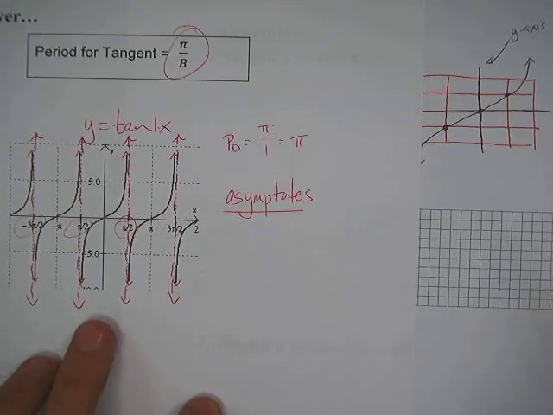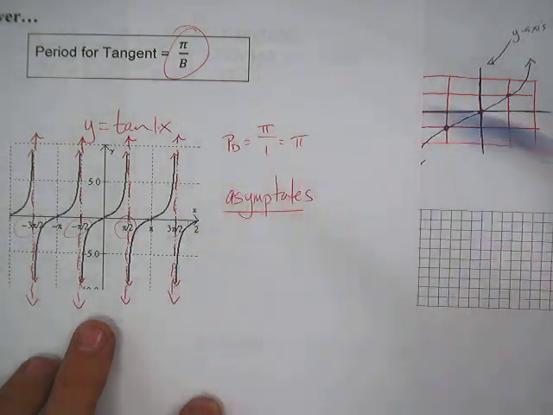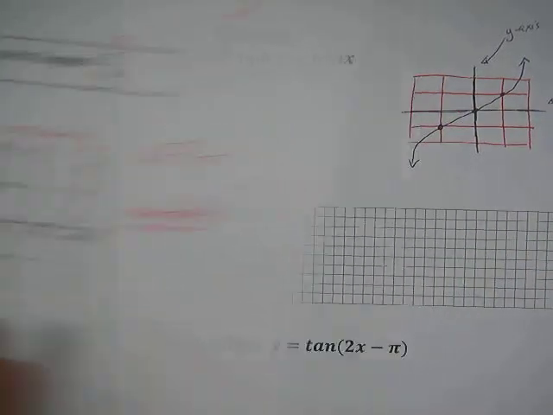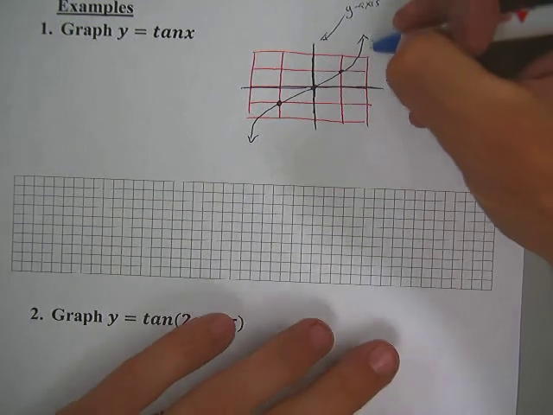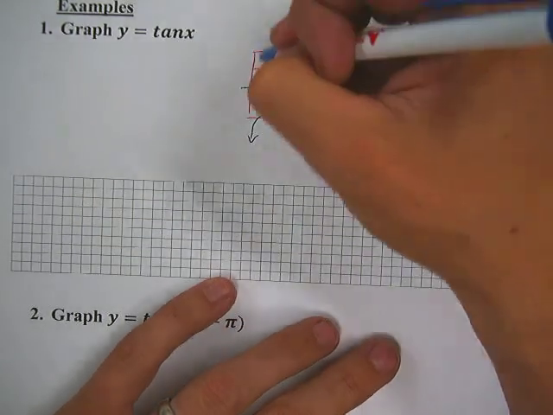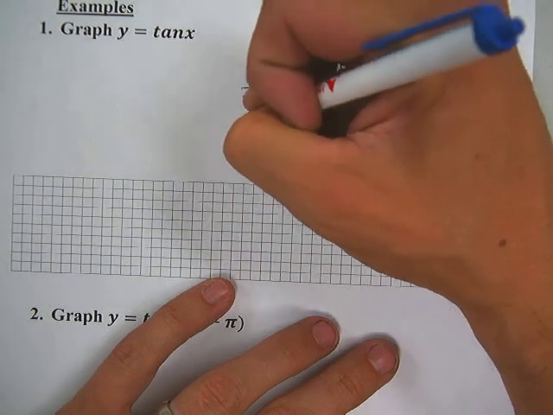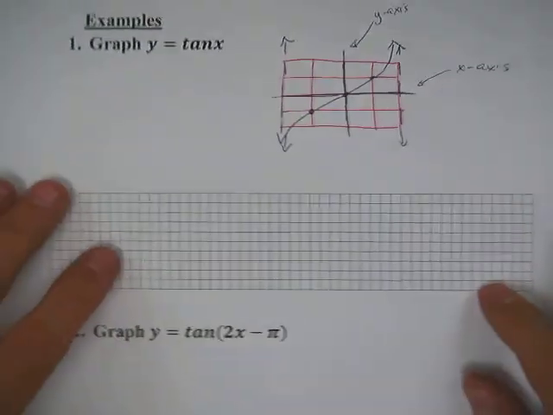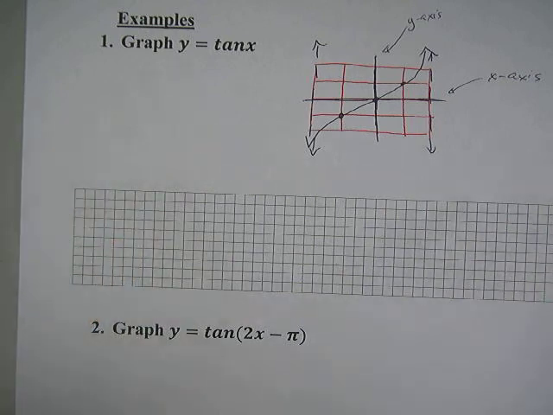You can kind of see how that would represent one of these curves. Now every time we do this, at the ends right here, these are my asymptotes every single time.